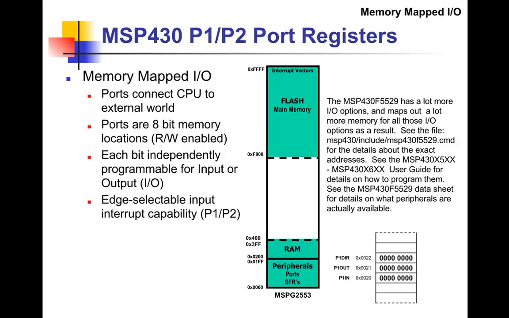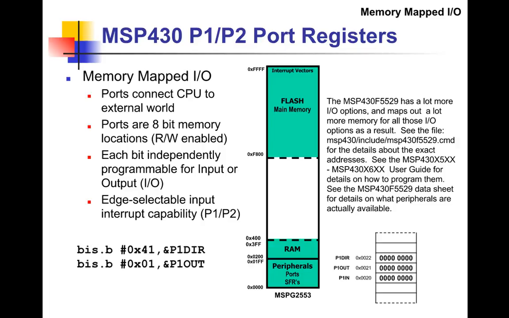So if we look closely at some of these peripheral memories down at memory 20, 21, and 22, 22 in this G series processor is the data direction register, which determines whether the P1 is input or output. And there are two other memory locations, one of them that you write to for output, and then the other one you read from for when you have it set up as input.